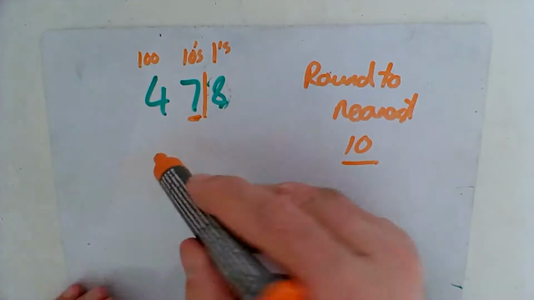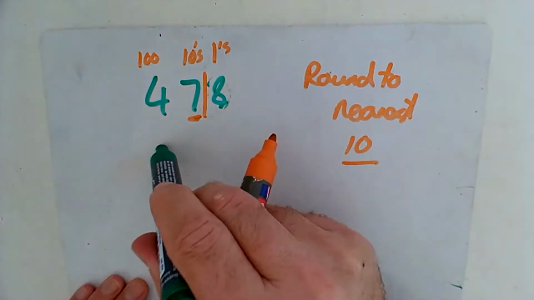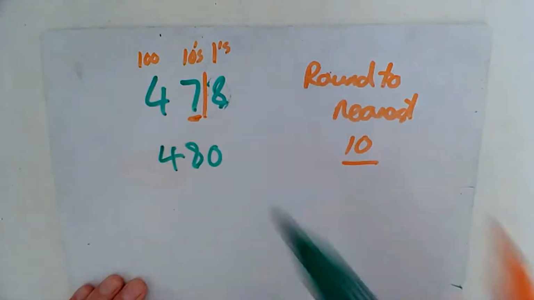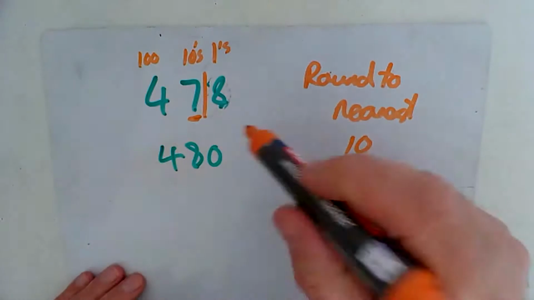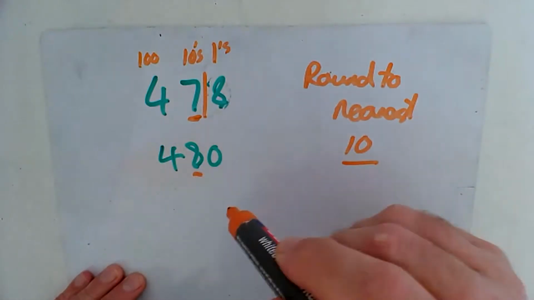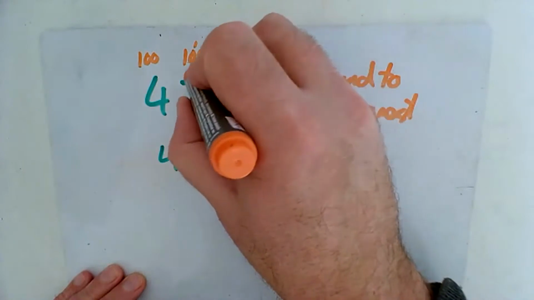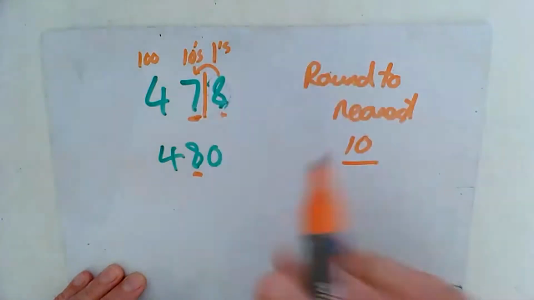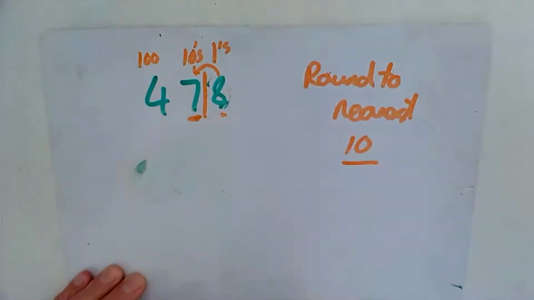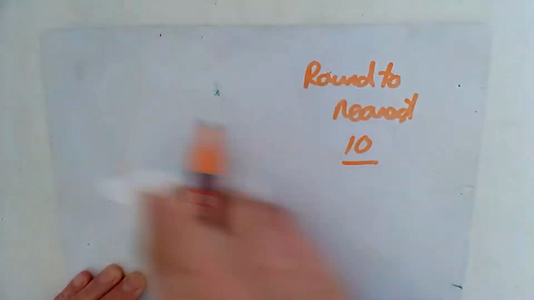This is 8, so it rounds up to the next number. So it becomes 480. So you've always got the two choices. You either round up to the next number or you keep it the same. So this number affects that. Does it affect it? We check 5 or above and it does, okay?